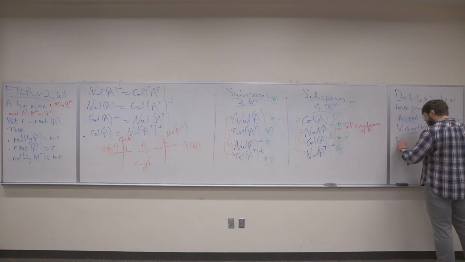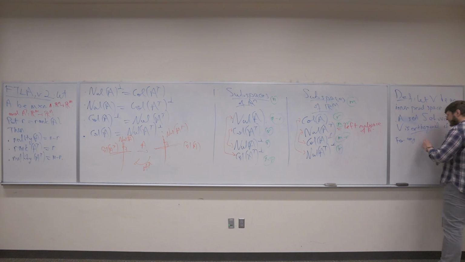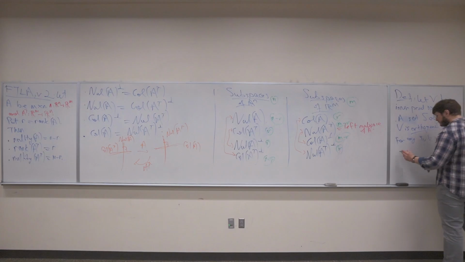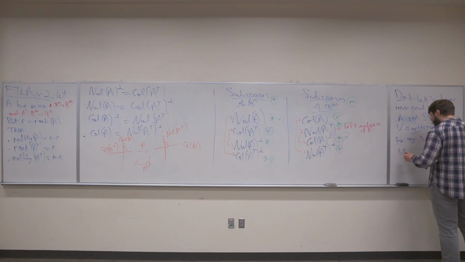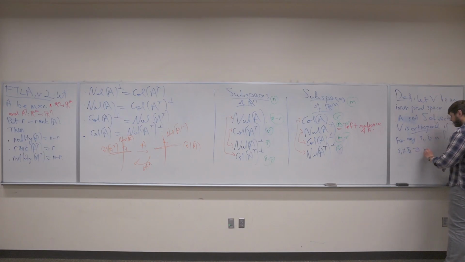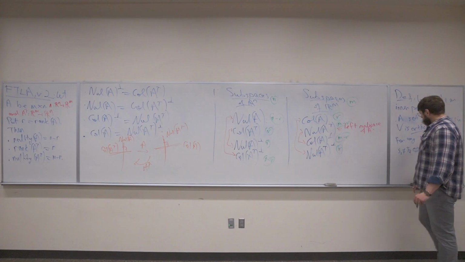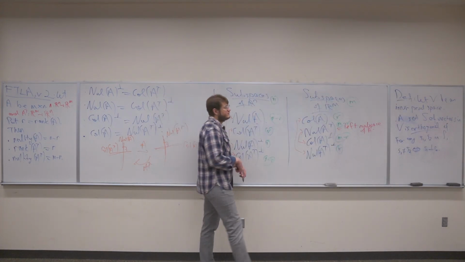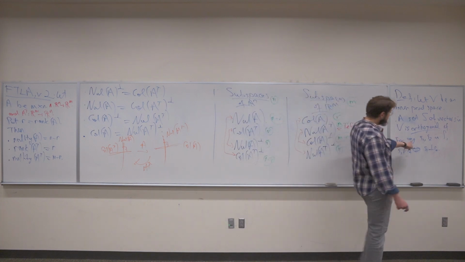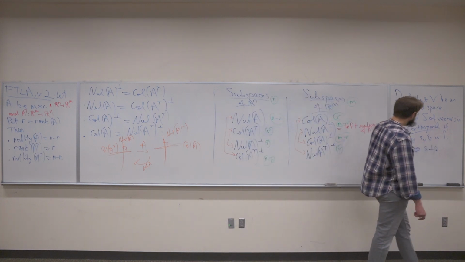If for any distinct vectors s1 and s2 in S, they are perpendicular. I can just write it either way. Orthogonal basis is defined the same way: a basis where any two distinct vectors are orthogonal.